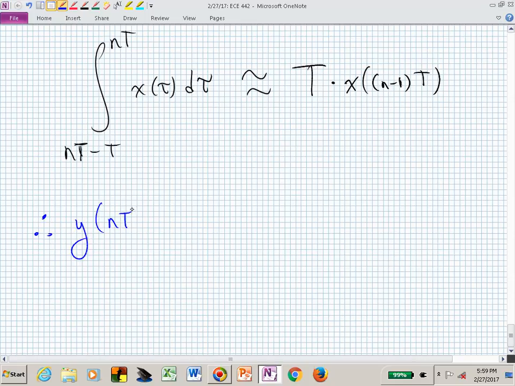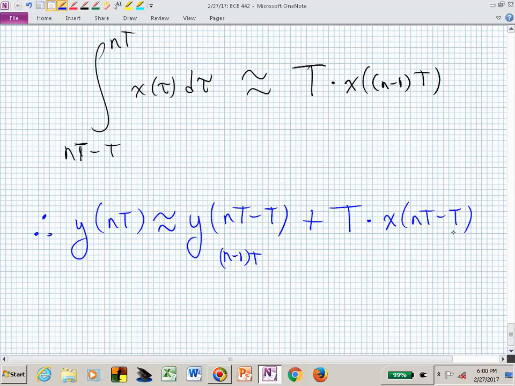We know that y, the area under the curve at time nT, which we're now sampling, is approximately the area under that x of t curve at time nT minus T, that's just (n minus 1) times T, plus that integral approximated. In the forward case, we're approximating it with T times x at time (n minus 1)T.